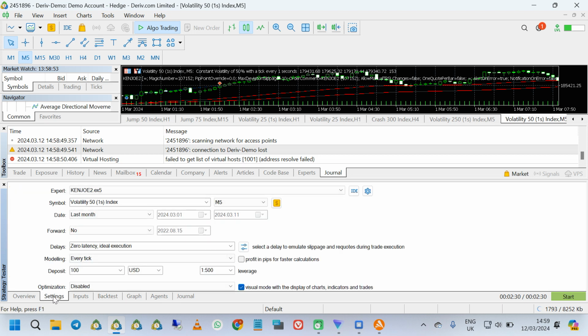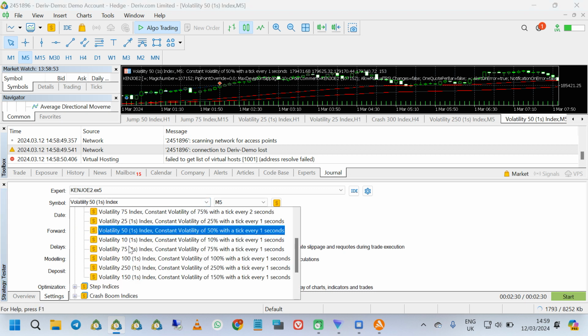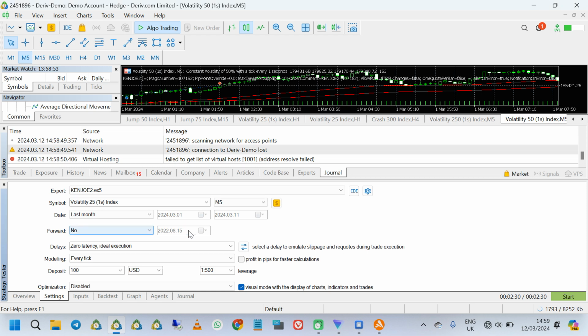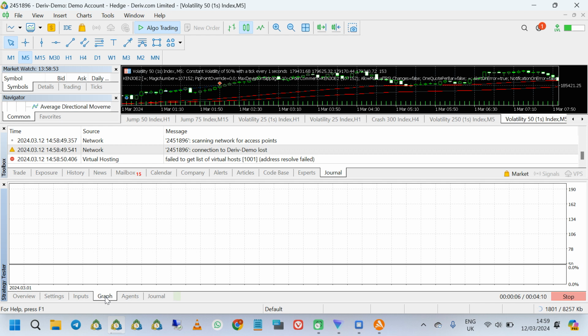So let's check for another instrument. Let's check for volatility 25 1s, also on 5 minutes. So we saw that volatility 51 gave 45%. This is now volatility 25.